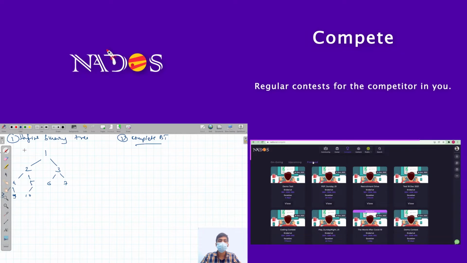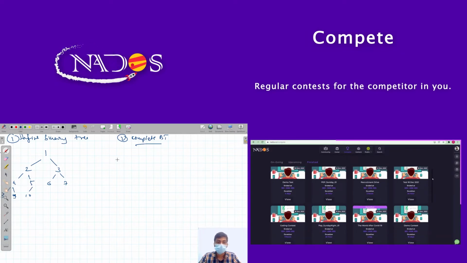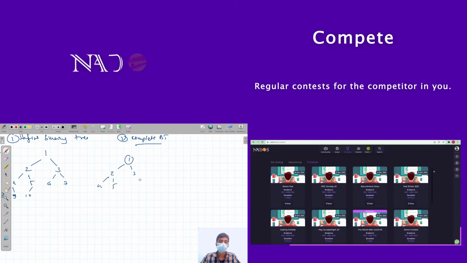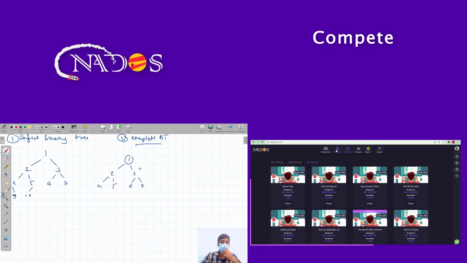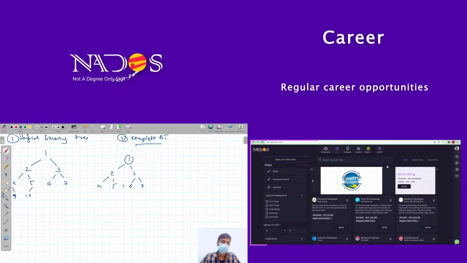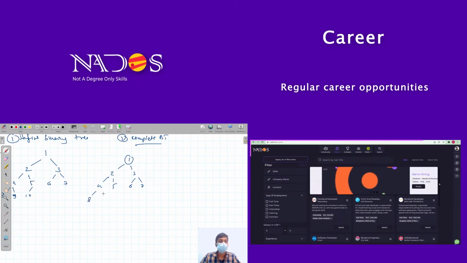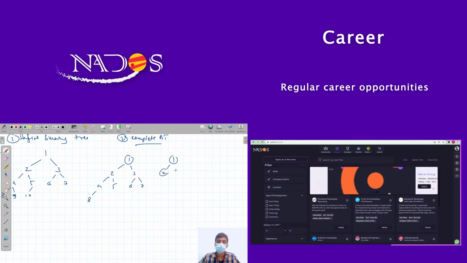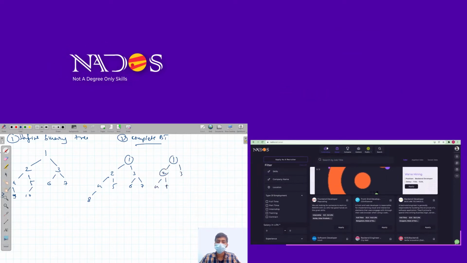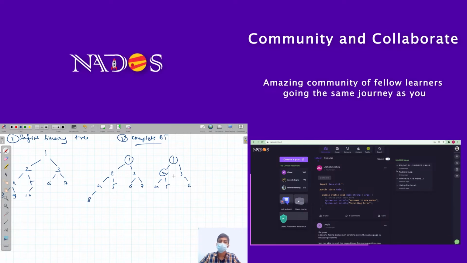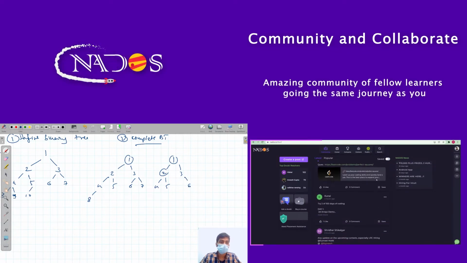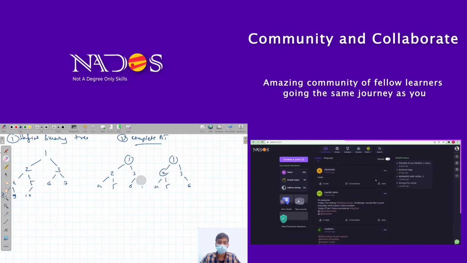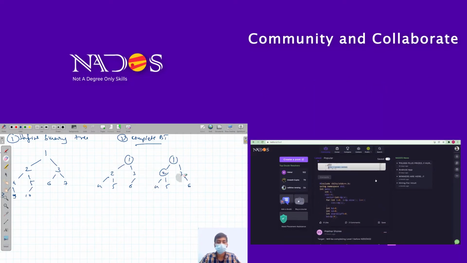A complete binary tree means that, let's say, there is 1 2 3 4 5, this is a complete binary tree. Or let's say 8, okay, this is a complete binary tree, but this one, with 1 2 3 4 5 and 6 here, is not a complete binary tree.